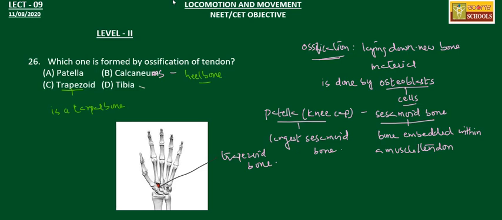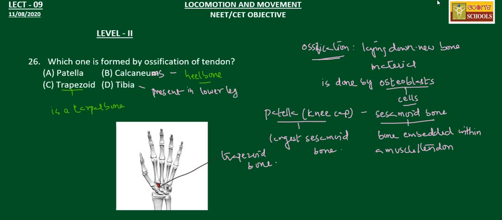The tibia is the bone present below the knee level, in the lower leg. It is the largest supporting bone compared with the fibula, and is present in the lower leg.